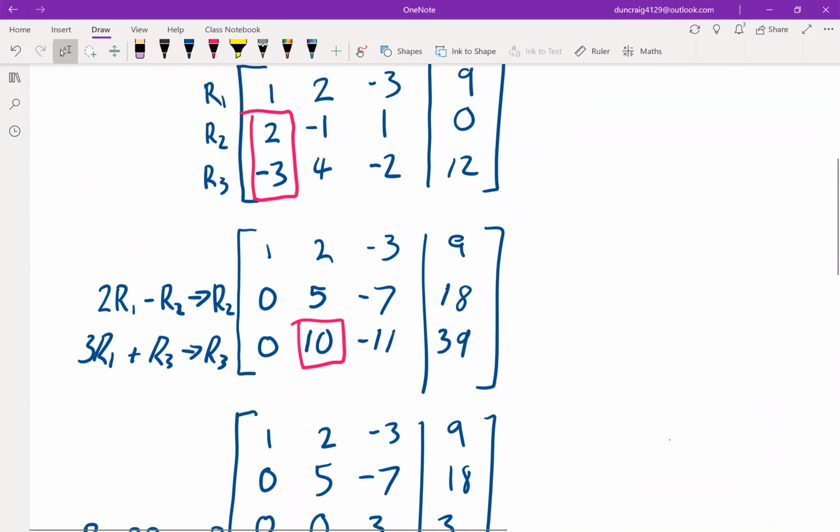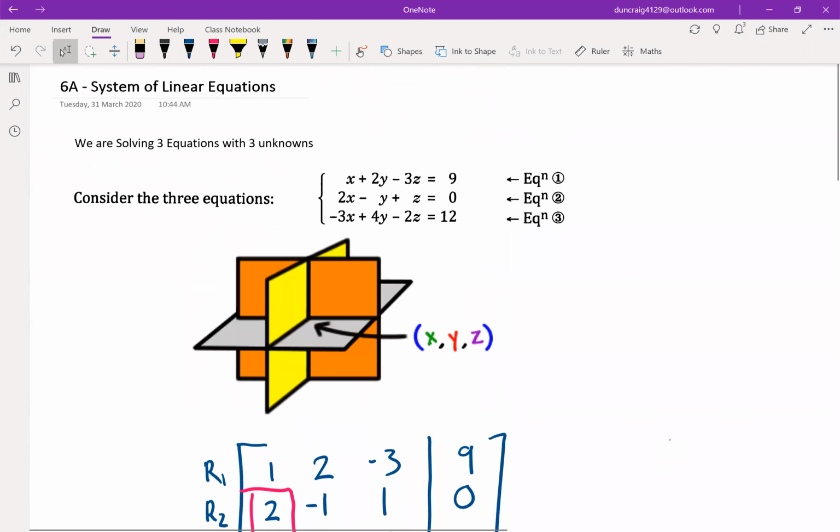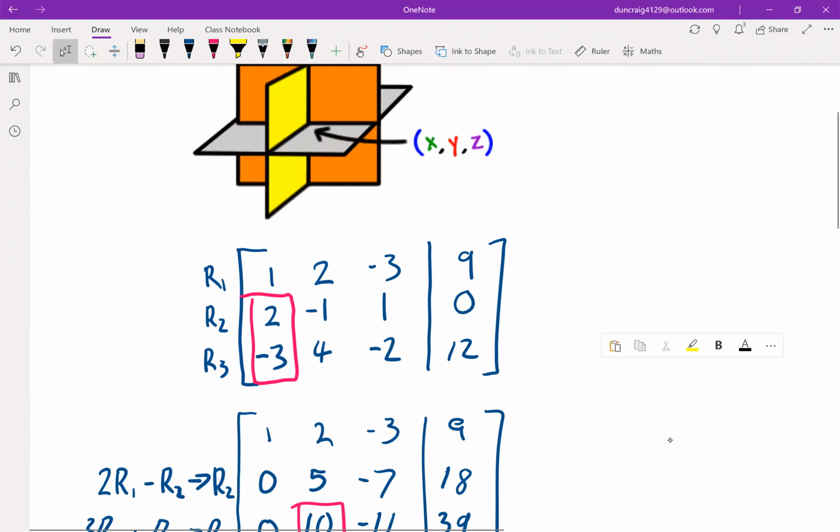Okay. So this is the row reduction form of solving simultaneous equations.